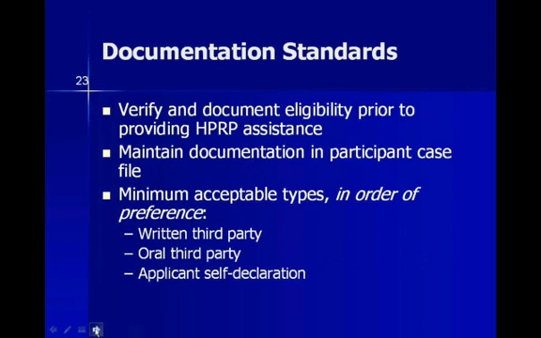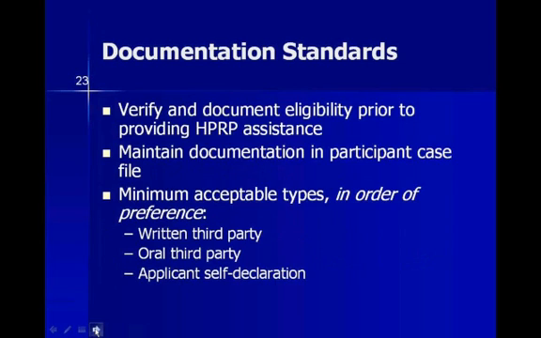For purposes of HPRP, HUD allows various types of documentation. These are outlined in the publication we've been referencing in terms of preference. Ultimately, it's always preferable to first try to obtain third-party verification and documentation.